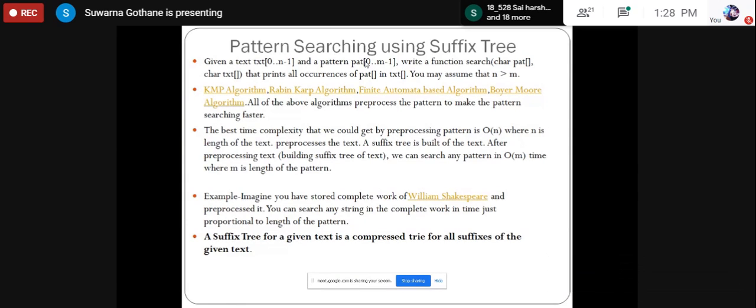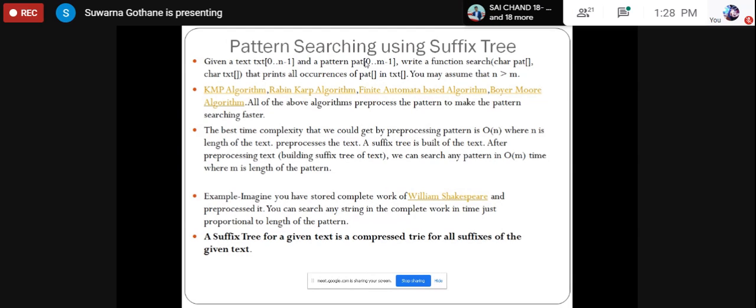Suppose the document size is 200 words or something else. So the entire document is called the text, and the pattern means the text or image which you are interested in searching.